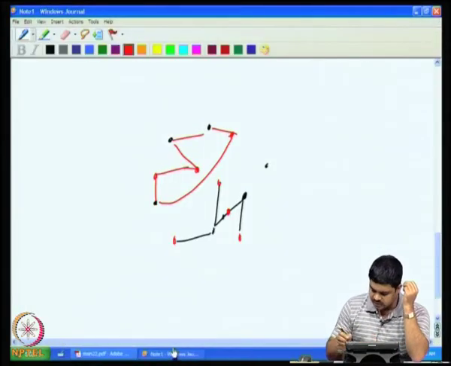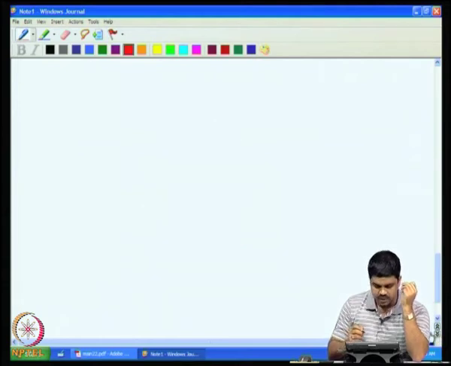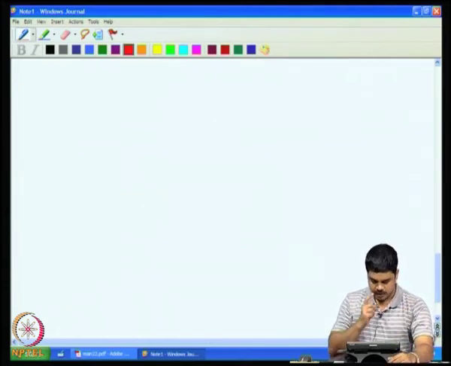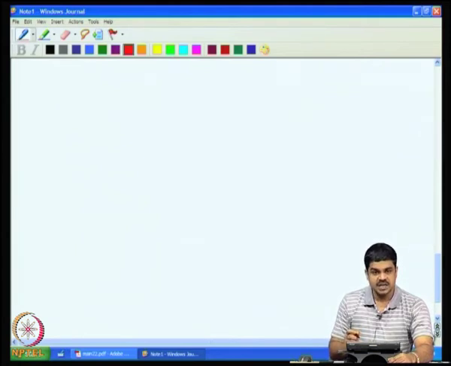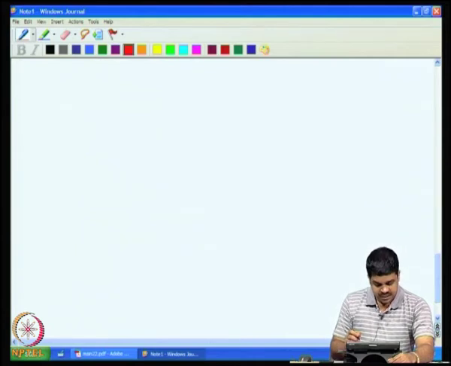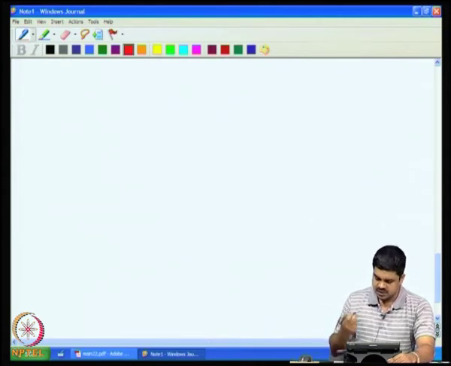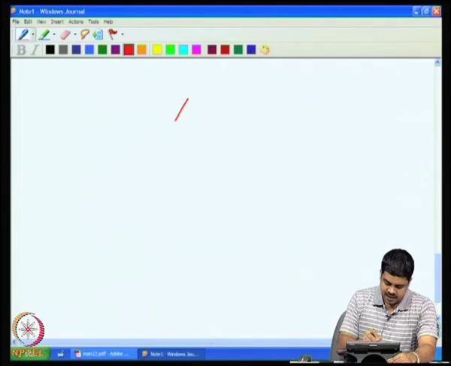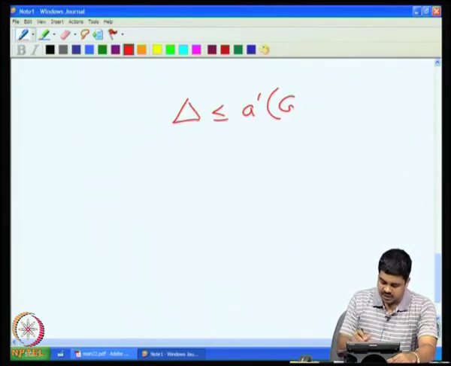So, when it comes to cyclic edge coloring, we know that it has to be proper, right. So, like proper coloring, the lower bound of the maximum degree is valid for the cyclic chromatic index also.